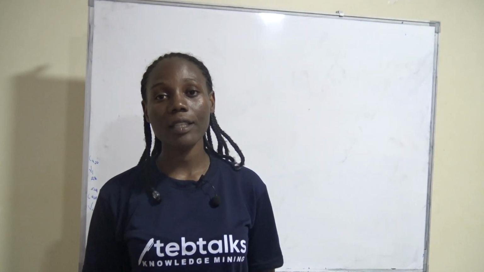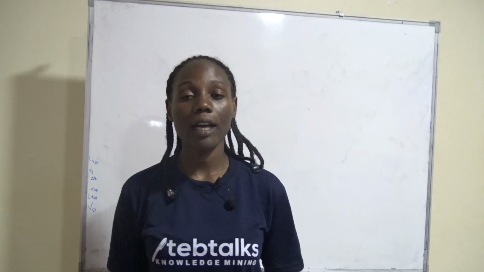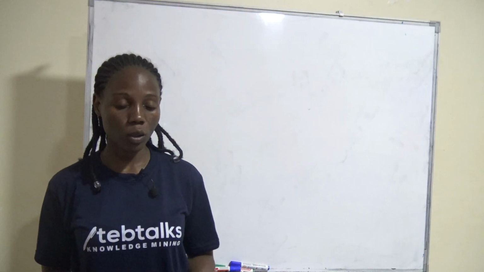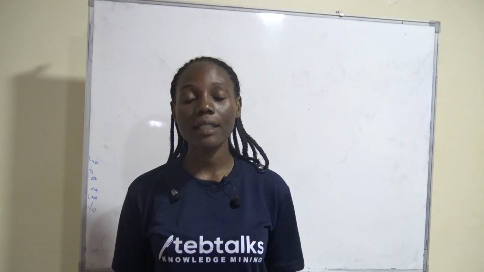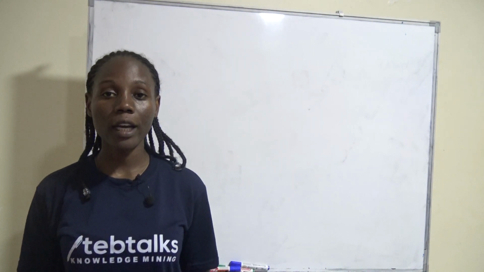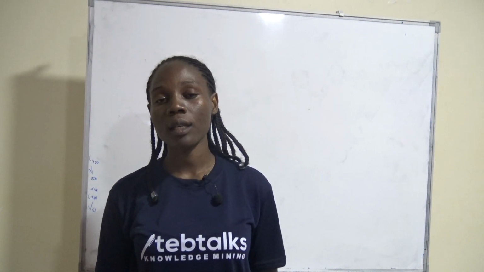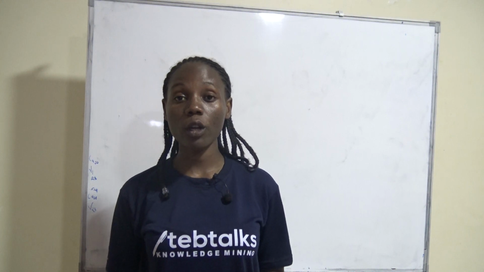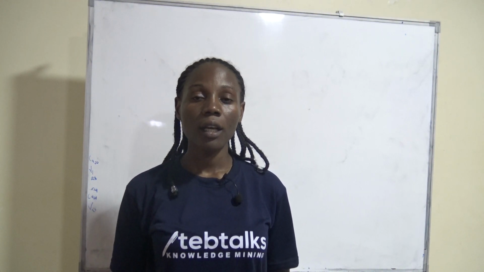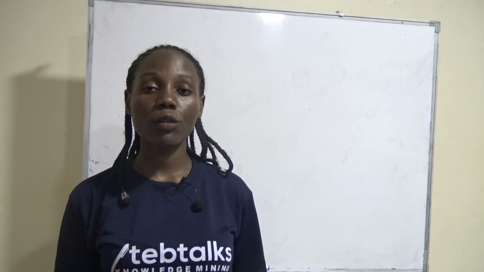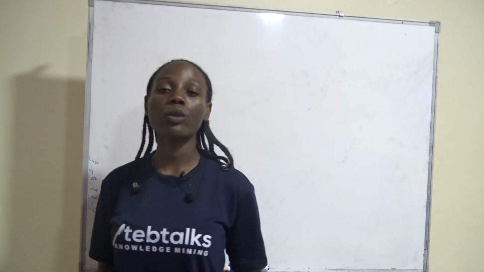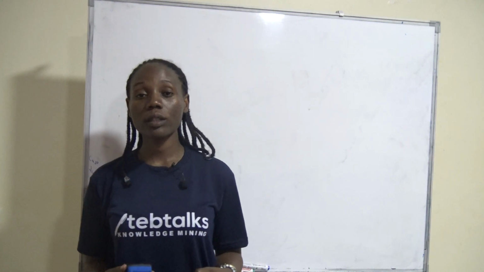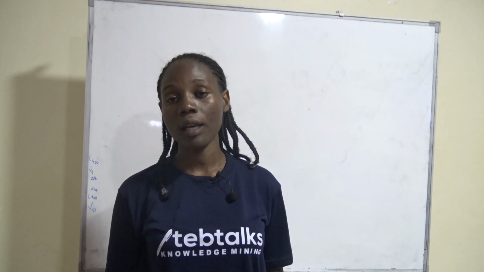In the previous lesson, we looked at the electronic configuration of an atom. What is the electronic configuration of an atom? We looked at the various principles or rules we follow when writing it, and how these rules or principles apply.